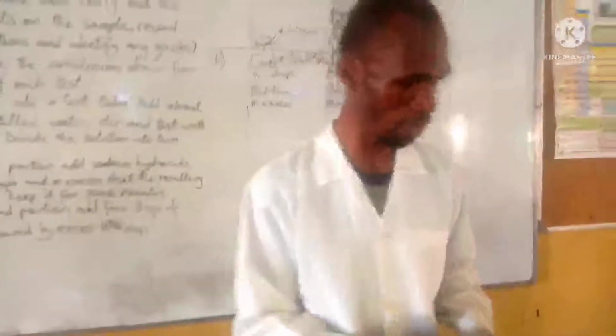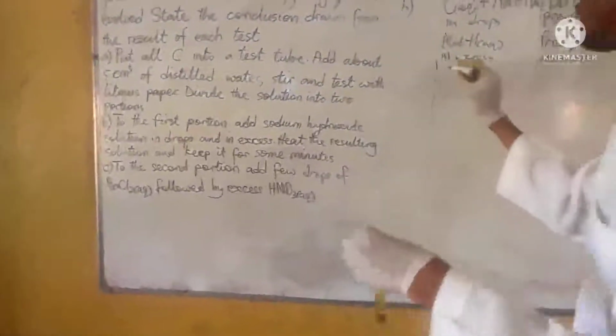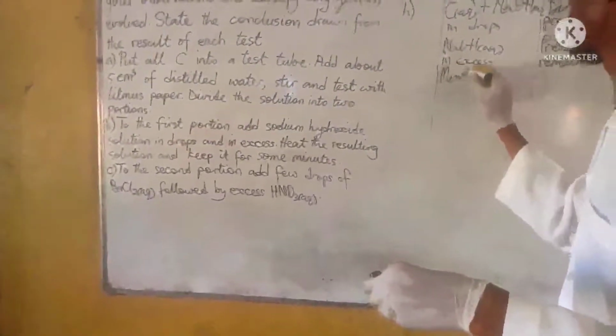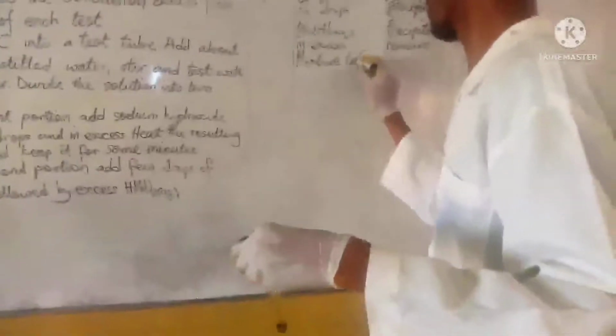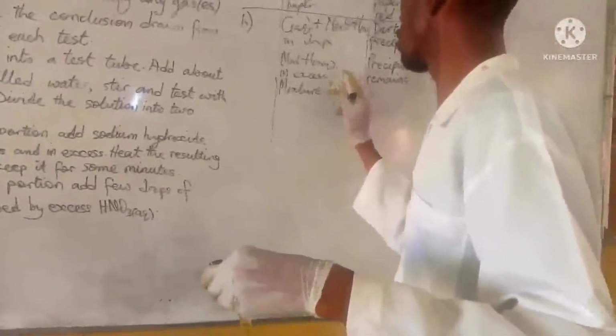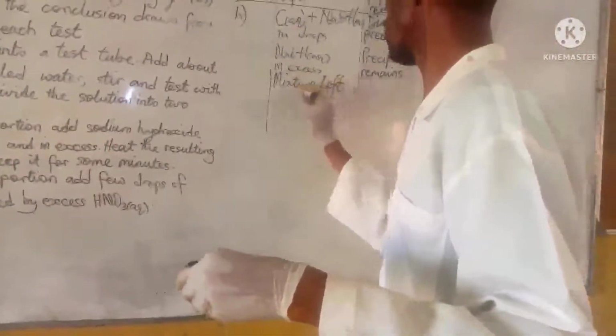Now we were asked to leave it for some minutes. You see, having left it for some minutes, you see on the upper part, in fact, it's even spreading down, that mixture left for some minutes.